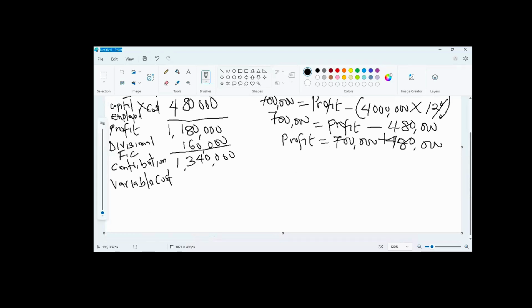Okay, great. How many will Alba division produce? 900,000. Okay, great. 900,000 multiplied by 4 naira 90 kobo. What is the total variable cost? 4,410,000.